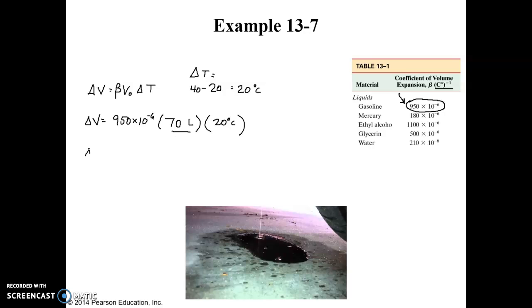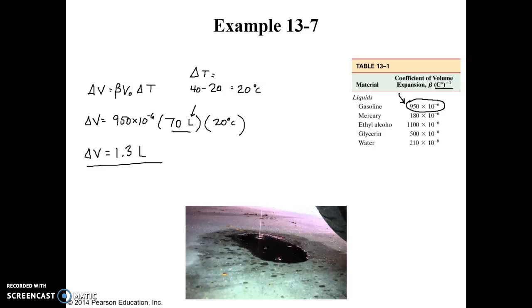And so our change in volume is just going to be whatever units we use here. So if we had used cubic meters, the delta V would be in cubic meters. Or since we're using liters, our delta V turns out to be 1.3 liters. So the gasoline in the tank is actually going to expand. It's going to increase in its volume by 1.3 liters.